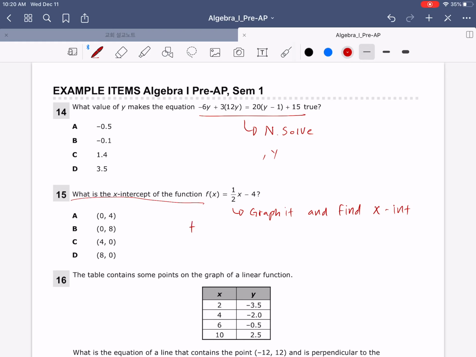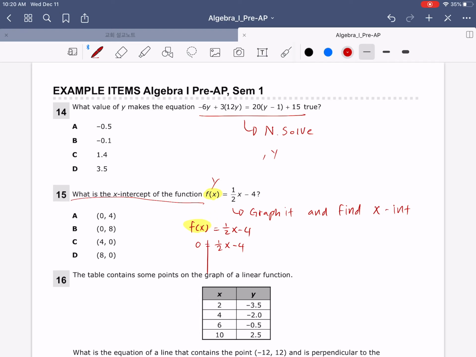So let me copy down the equation here. Instead of f of x, consider it as y always. So when you actually graph it, instead of f of x, you might want to put y. So the y value is always going to be 0 for the x-intercept. So I'm going to put 0 equals 1/2 x minus 4.